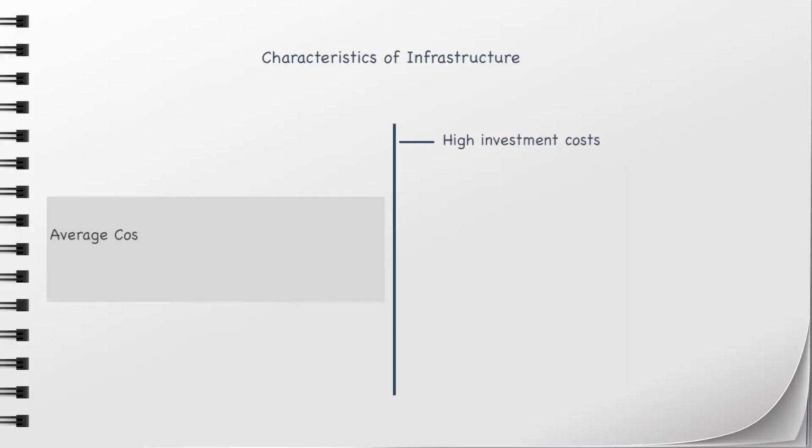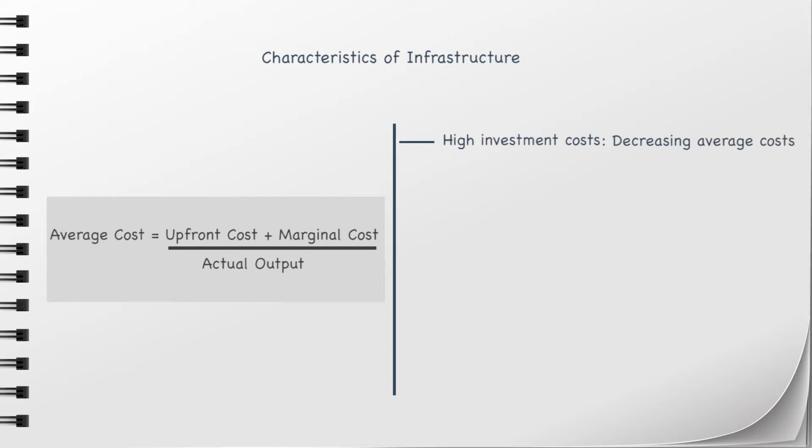So the average cost would be first the upfront cost plus the marginal cost divided by what the actual output is. That would keep decreasing as we keep on increasing the output of that infrastructure.